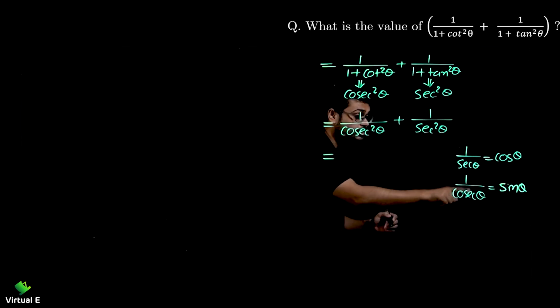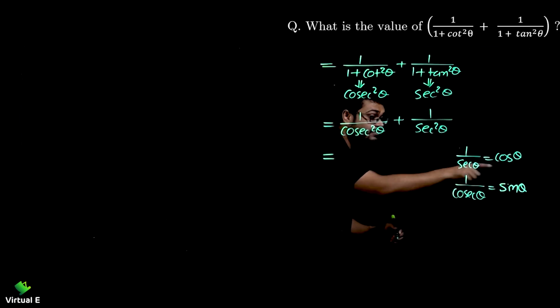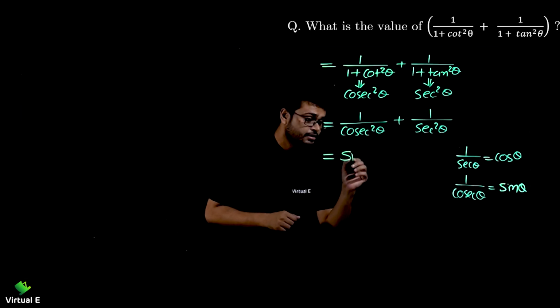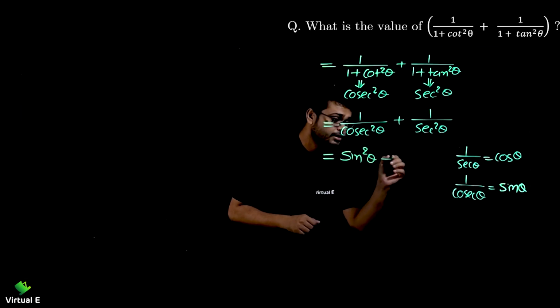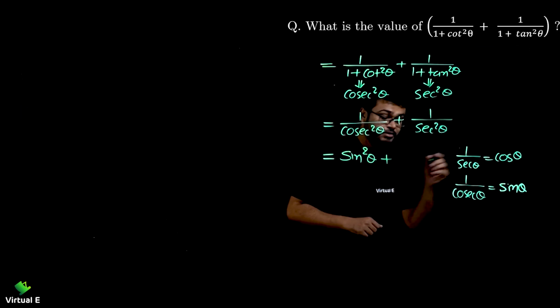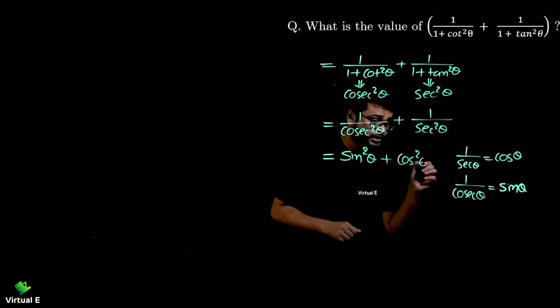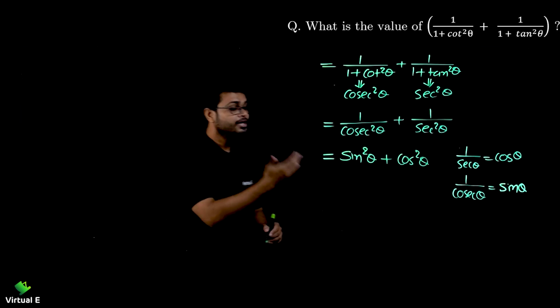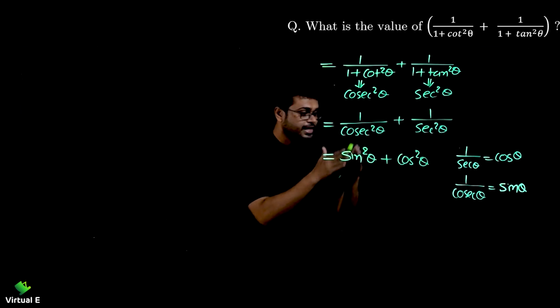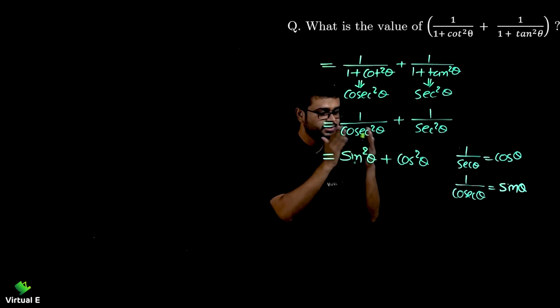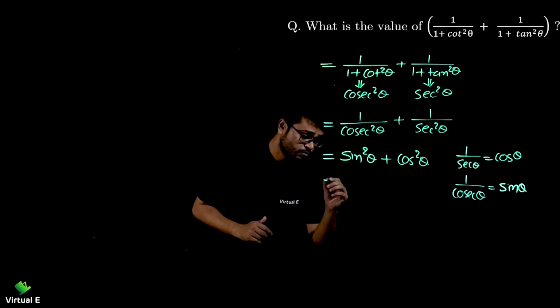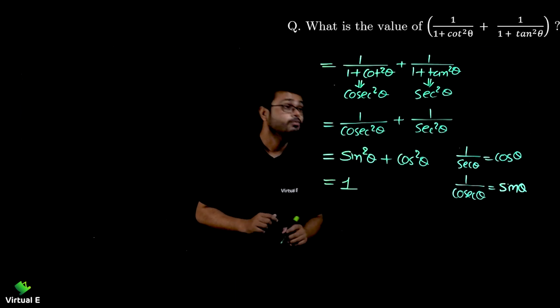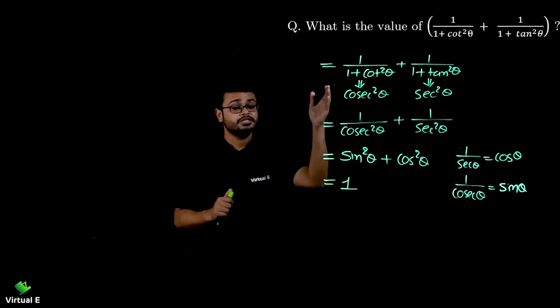So here it is cosec theta, so 1 upon cosec square theta will become sin square theta, plus 1 upon sec square theta, that will become cos square theta. Now again this is the identity, sin square theta plus cos square theta. Sin and cos, square, plus, and theta value is same. So what's the final answer? That is 1.